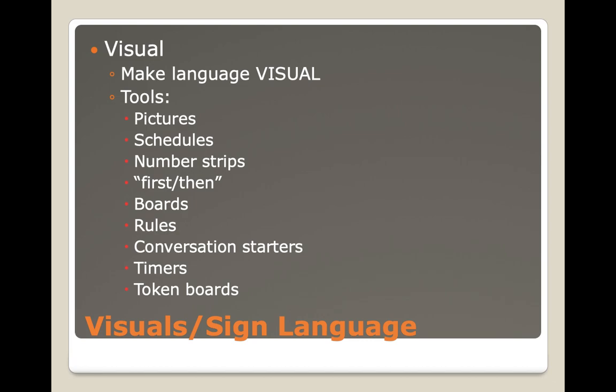So a communication board, like we spoke of, has all the visual icons on it. We also have visual rules, which are typically on top of the token board or token economy system that our students do use. So the token boards are actually, you give tokens depending on the student following the rules that are located on top of their communication or on their token boards.